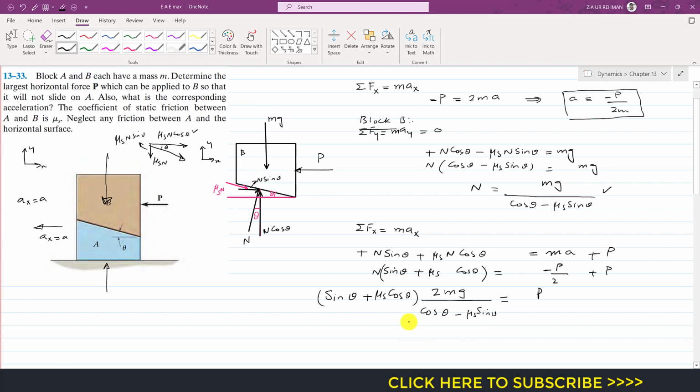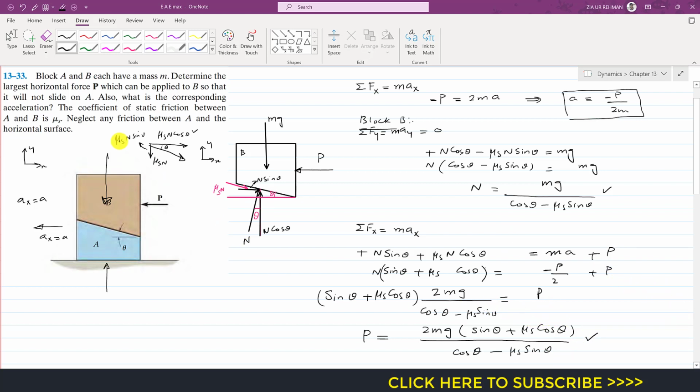So now we can write this P force, that horizontal force, equals 2mg times sine of theta plus mu s cos of theta divided by cos of theta minus mu s sine of theta. So this is that required horizontal force P.